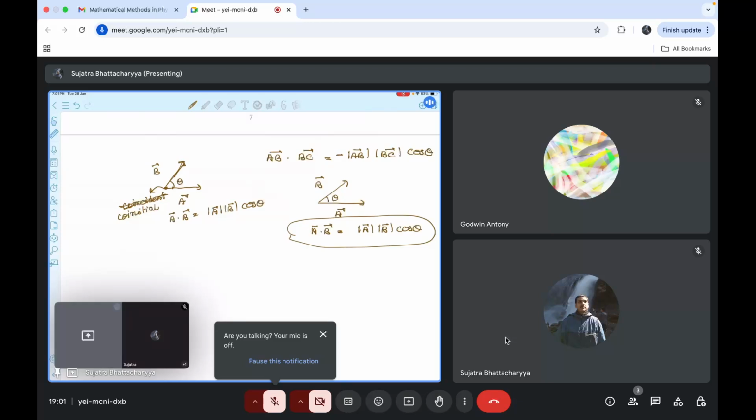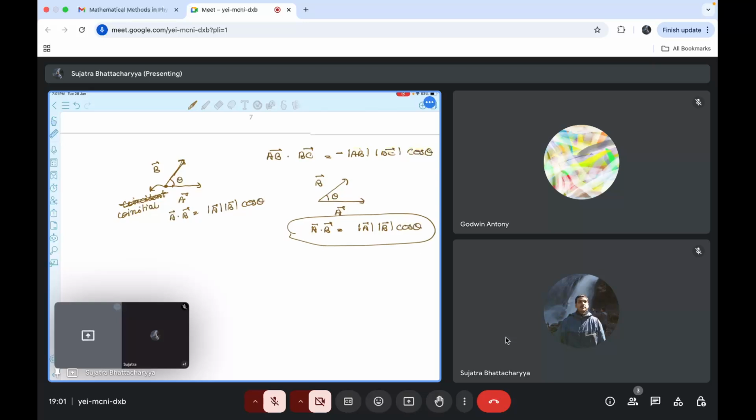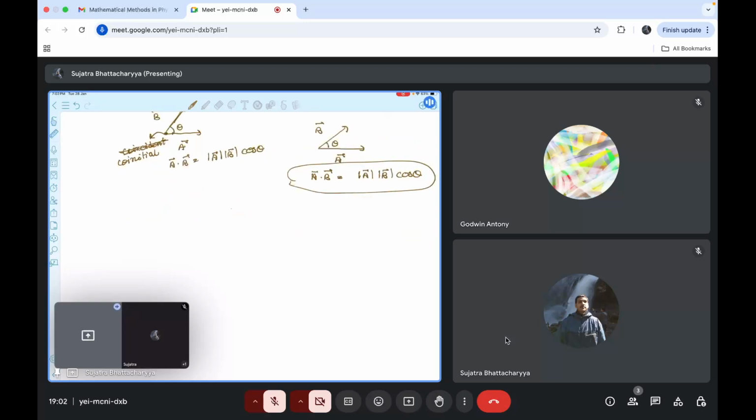Finally, in terms of components, A dot B can be written as AX BX plus AY BY plus AZ BZ if you have that i, j, k vector.